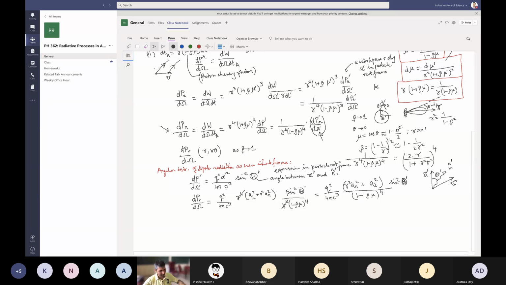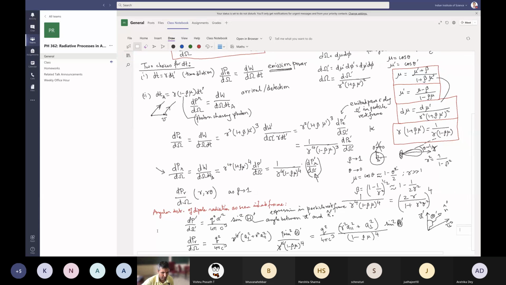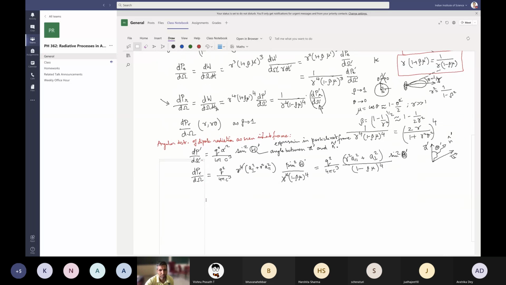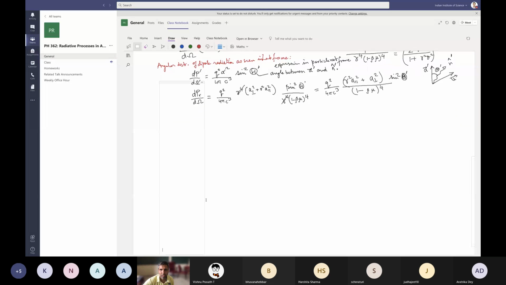So now we will actually consider two cases. Let me create a little space and draw the geometry.